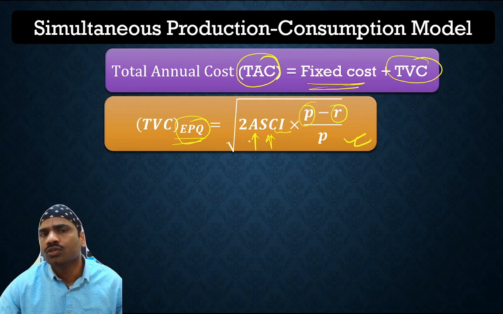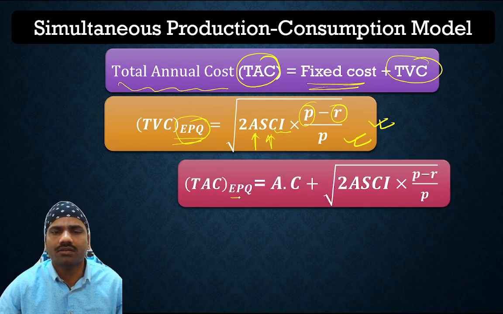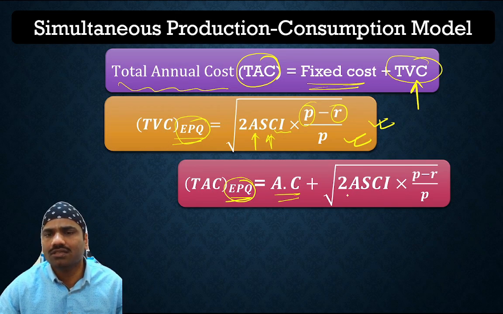So total annual cost at EPQ will be A into C plus total variable cost, and total variable cost is nothing but the square root of 2 into A S CI into P minus R by P. By this formula we can find the total annual cost, and by this formula we can find the total variable cost.